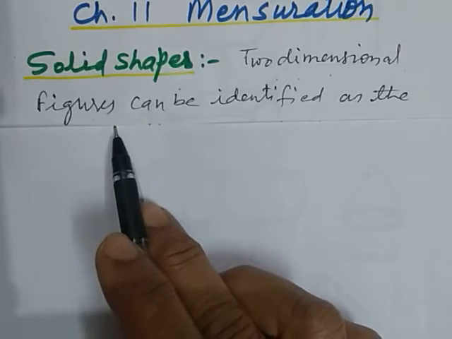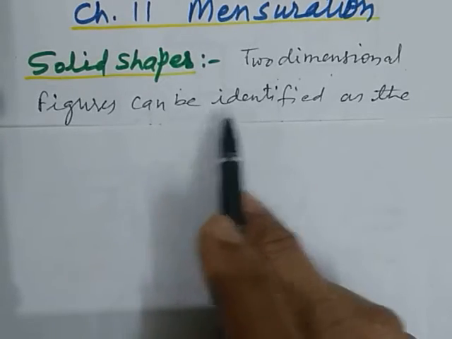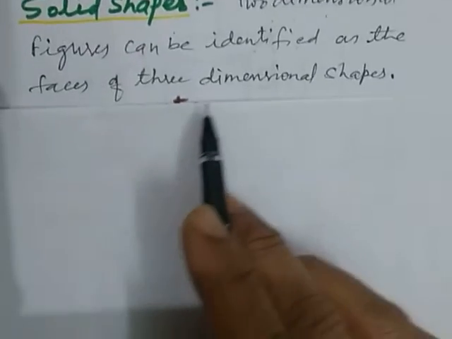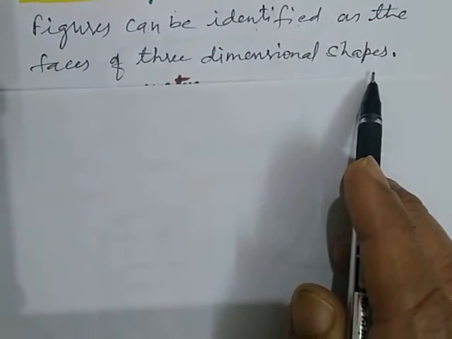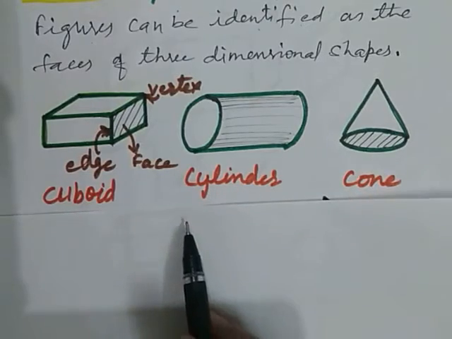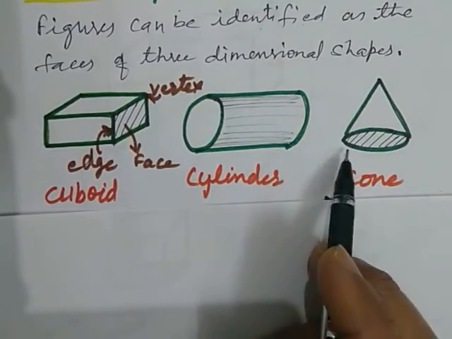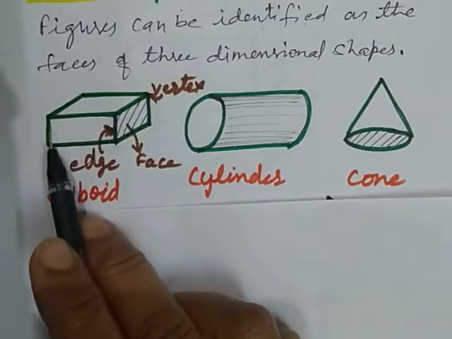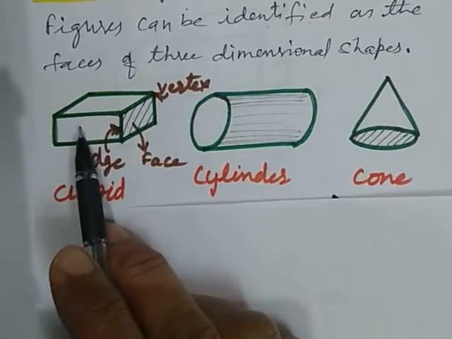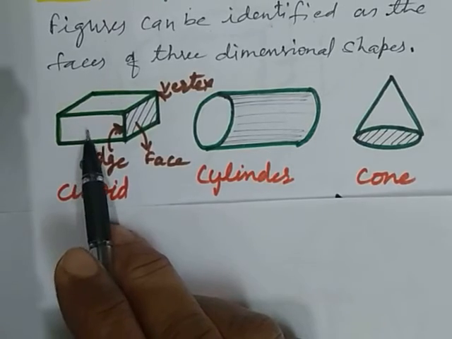Two-dimensional figures can be identified as the faces of three-dimensional shapes. Here are some solid shapes. This is a cuboid. These faces represent two-dimensional figures.